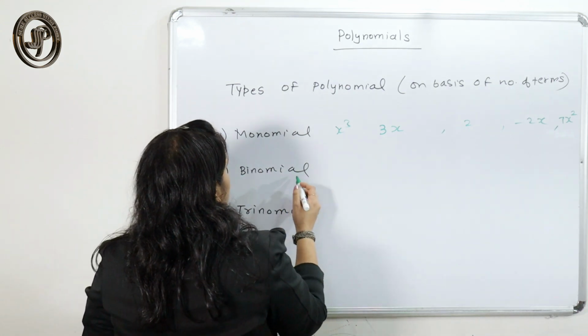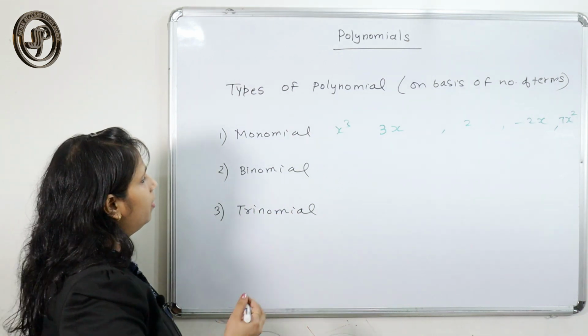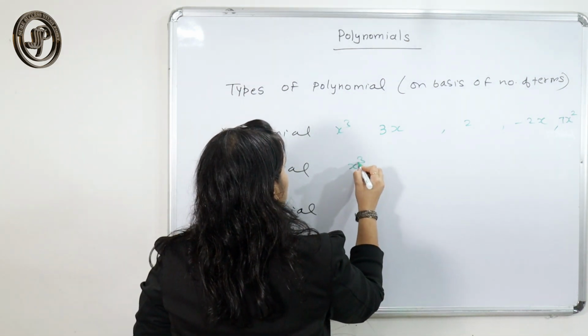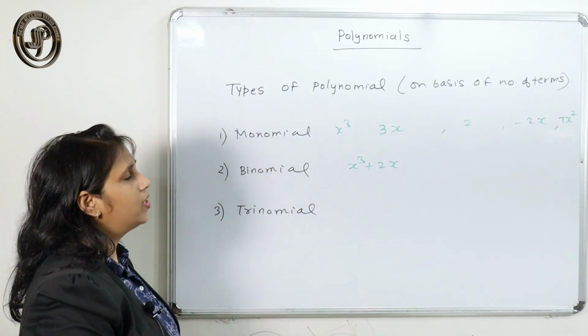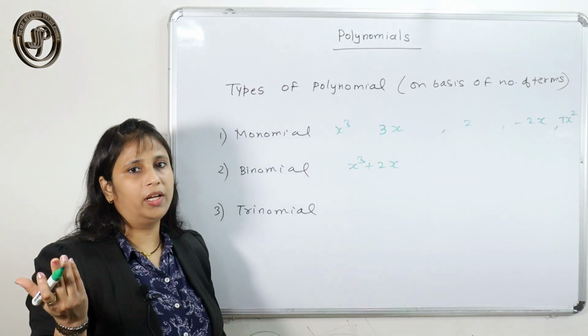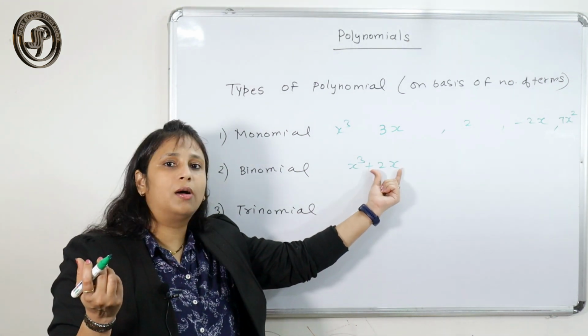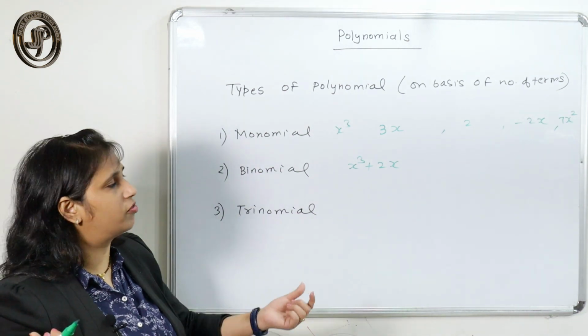What is a binomial? Binomial means if the polynomial has two terms, whether it is linear, quadratic or cubic. Here we are deciding on the basis of number of terms.